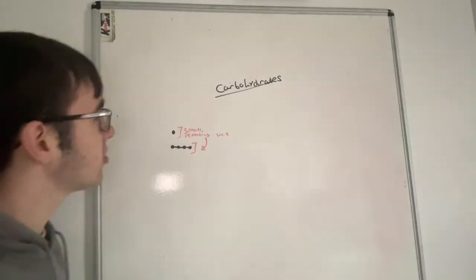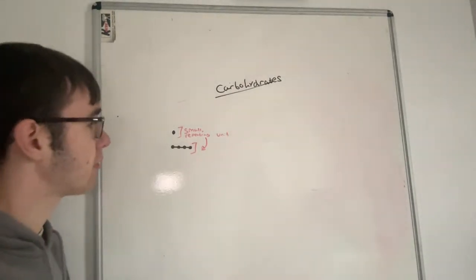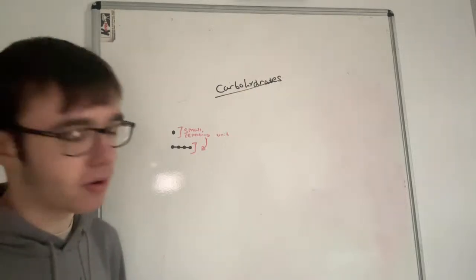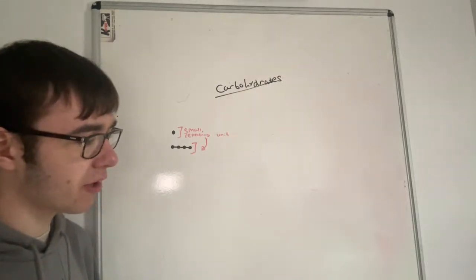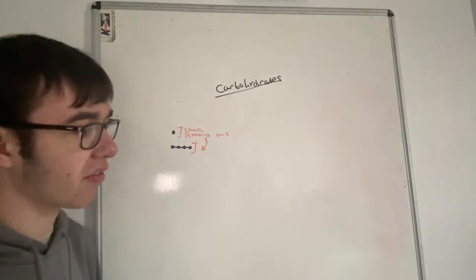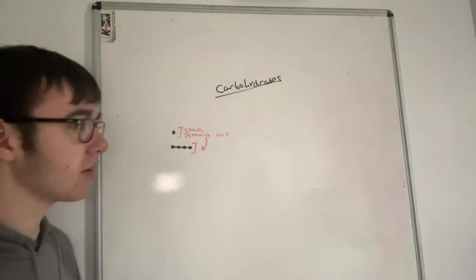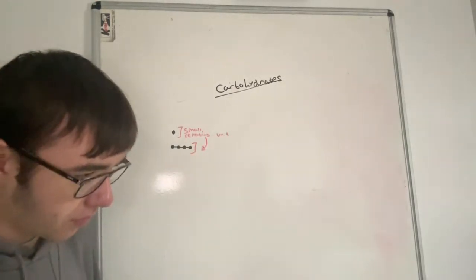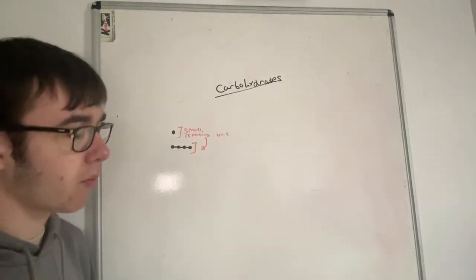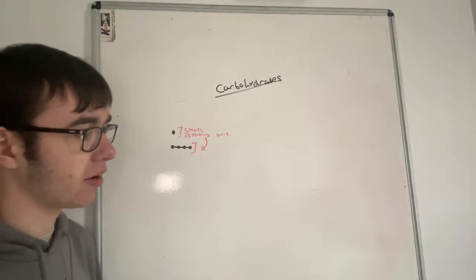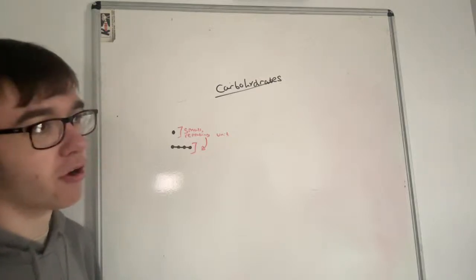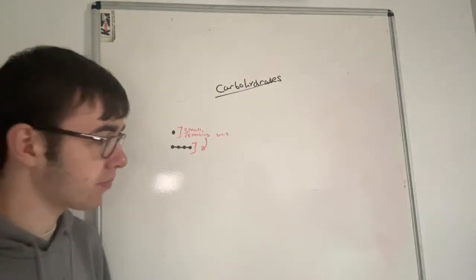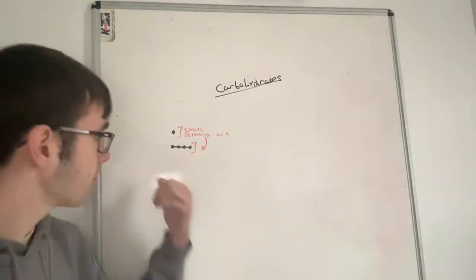So pretty much they're interchangeable in terms of how you define them. An example of a monomer would be something like a monosaccharide. An example of a polymer would be a polysaccharide. So for example, glucose would be a monosaccharide. Maltose would be an example of a disaccharide.